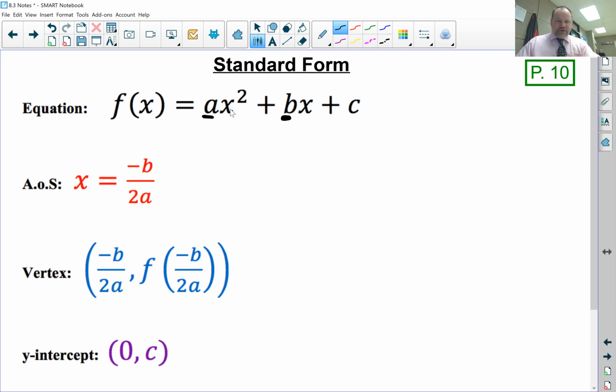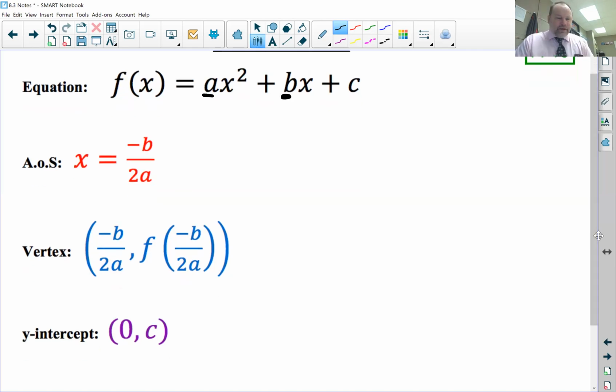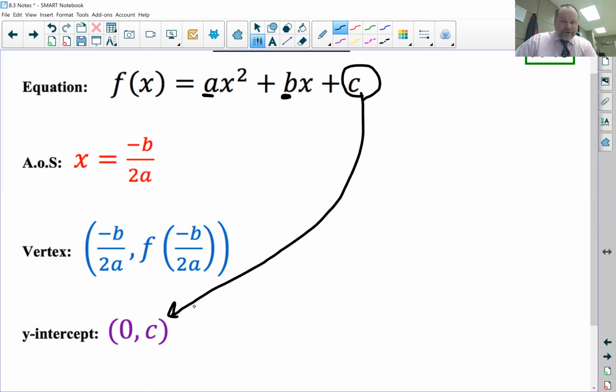Again, f of x and y in our equation mean the same thing. And then the y-intercept is always going to be whatever c is, (0, c). So the y-intercept is pretty easy to find in standard form, with a little bit of work to get the vertex.